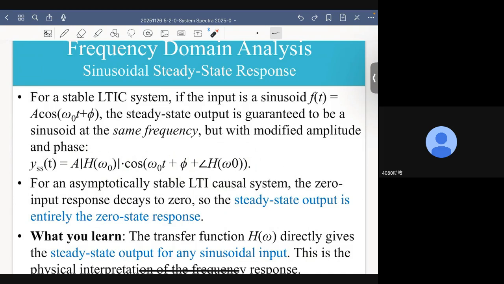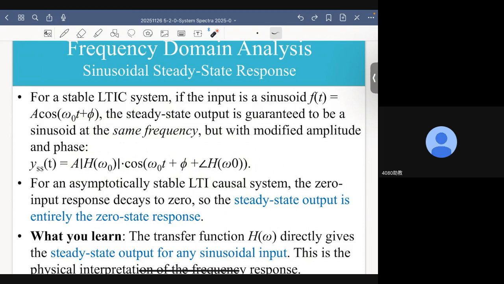The first thing is, what do I mean by steady state output? Because when talking about the transfer function, remember that the total response consists of two parts: the zero state response and the zero input response. The zero input response is associated with the impact of the initial conditions. It has nothing to do with the input.